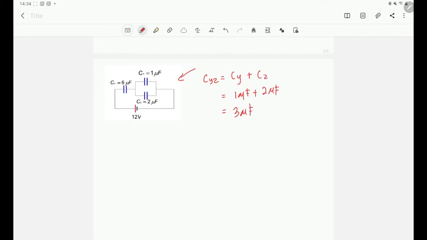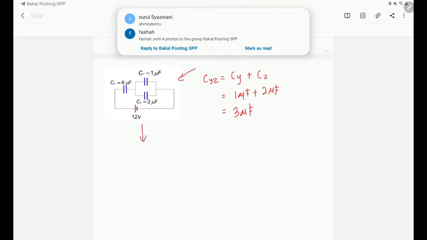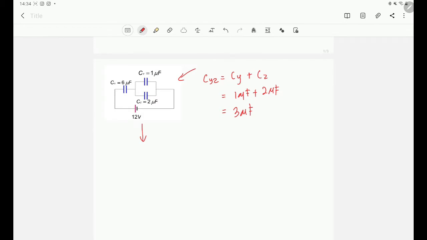And then when we are done for CYZ, actually we have simplified the circuit. So the circuit will be like this. So this is CX and this one is CYZ.